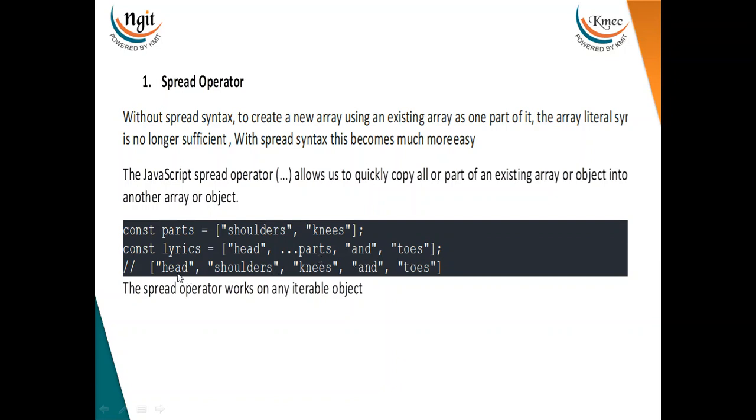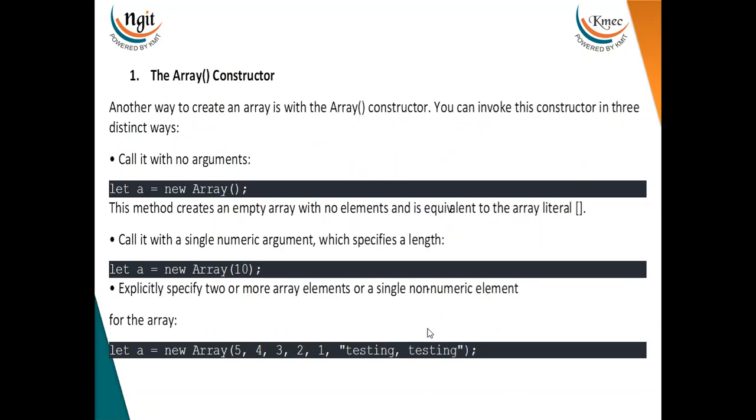So if you see, this array will be head, the 2 elements in parts, that is shoulders and knees, and the other elements of lyrics will be given. This spread operator works on any iterable object.